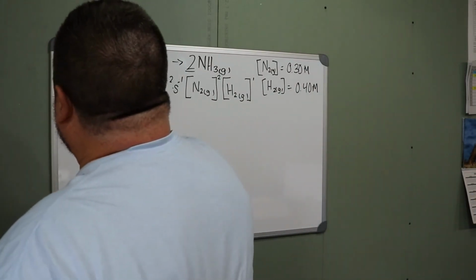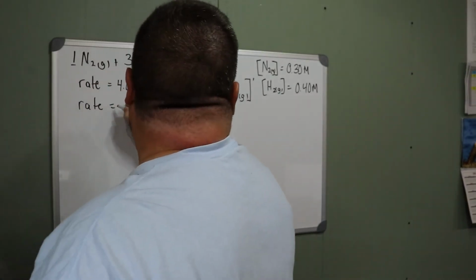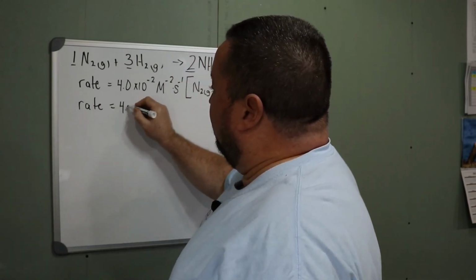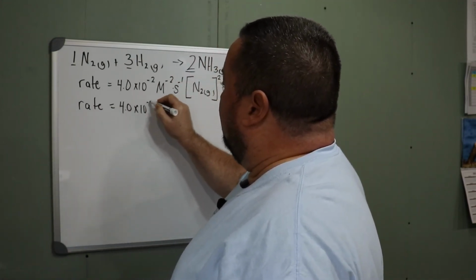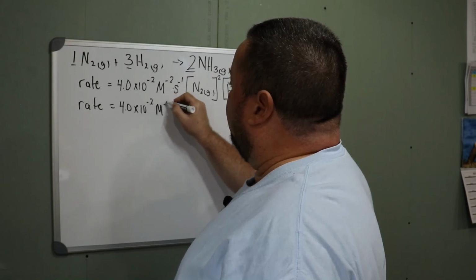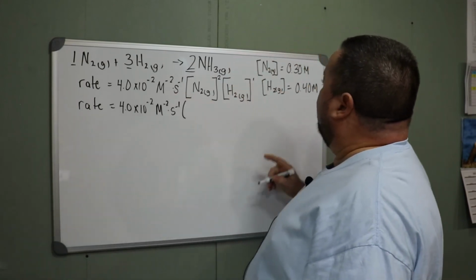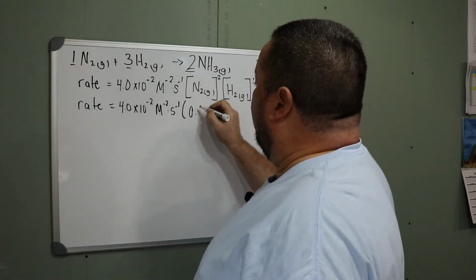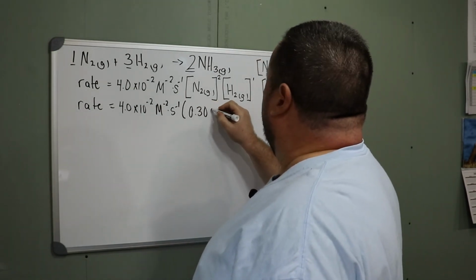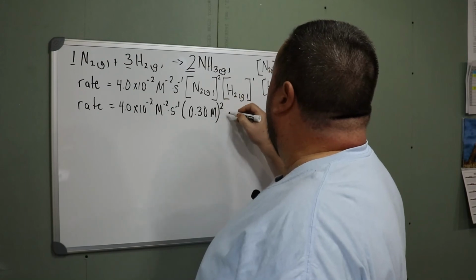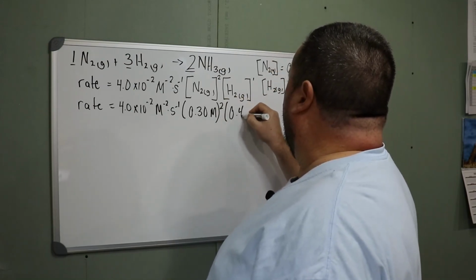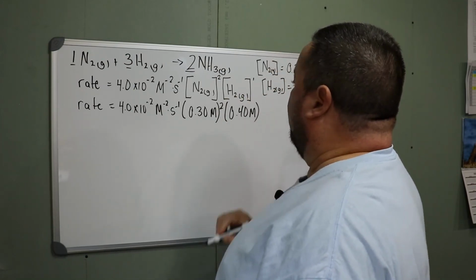So rate is 4.0 times 10 to the negative 2 mole per liter to the minus 2 seconds to the minus 1. The concentration of the nitrogen 0.30 molar squared and the hydrogen 0.40 molar to the first power.